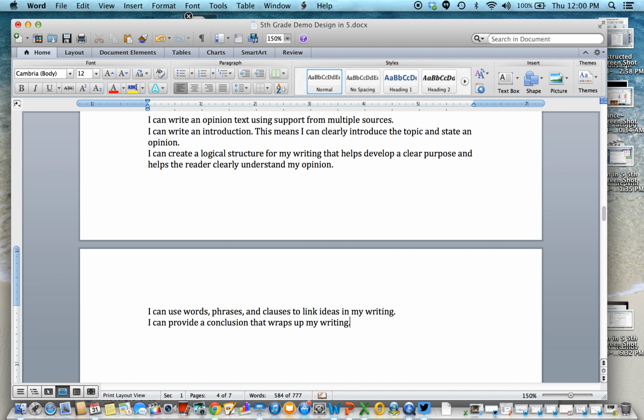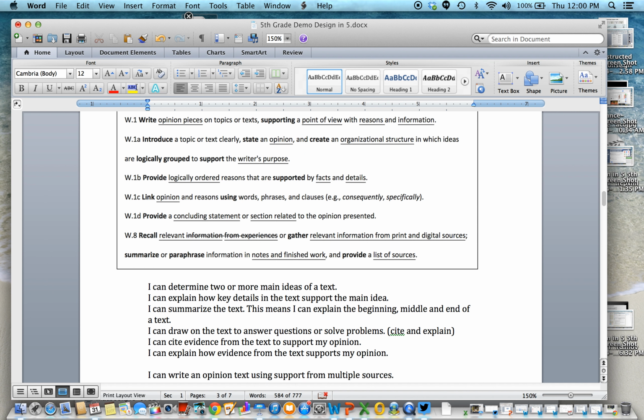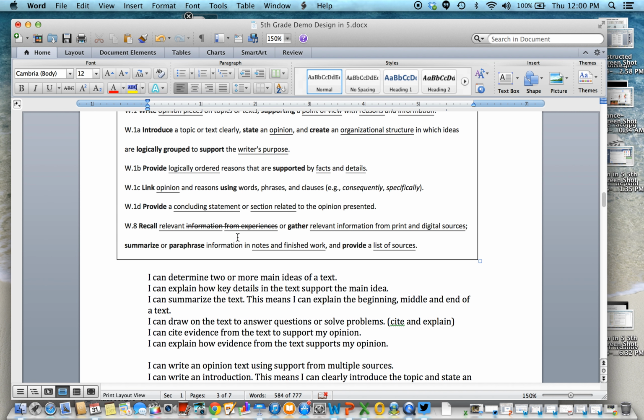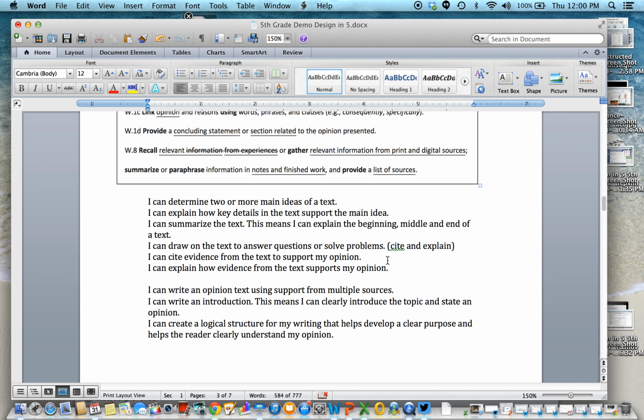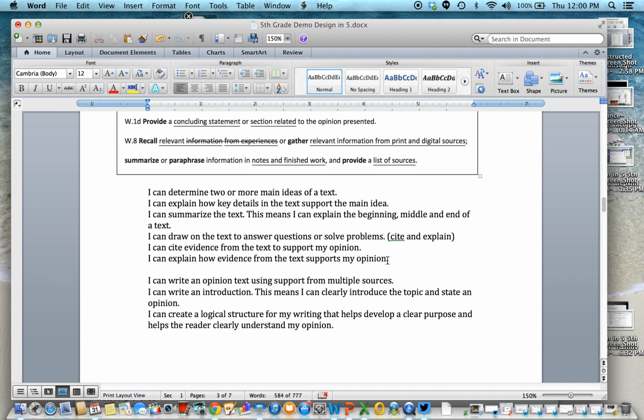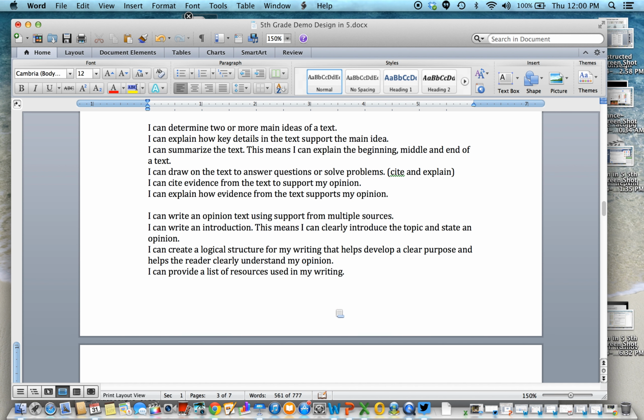I'm going to use writing because conclusion kind of transfers to different types of writing. And then recall or gather, summarize or paraphrase information, and provide a list of resources. So we're going to have them do that. So for sure it's I can provide a list of resources used in my writing, and that's pretty straightforward.